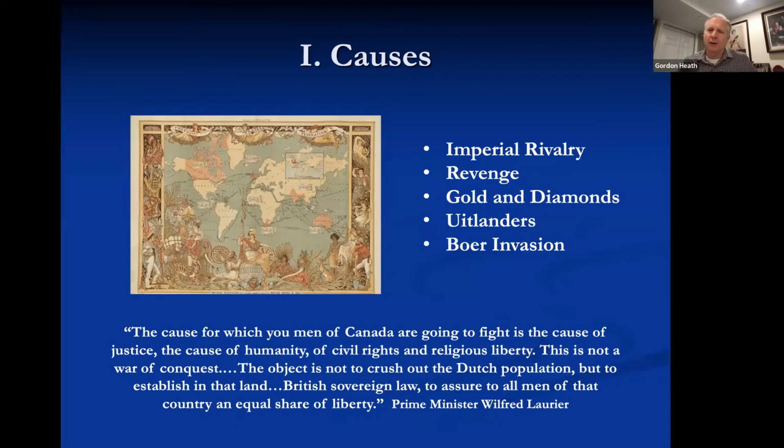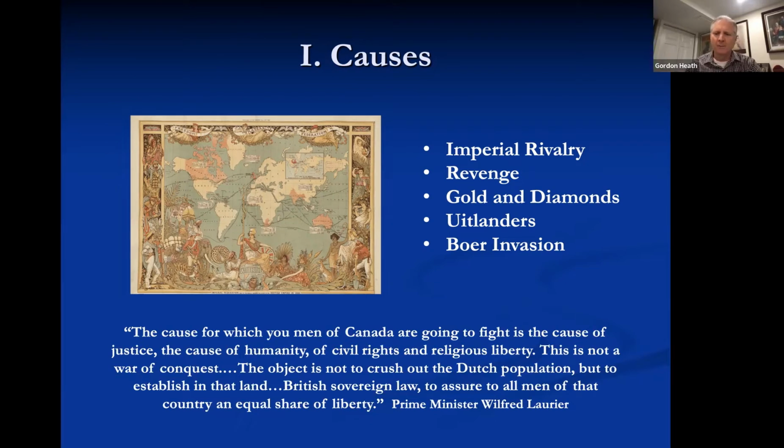And so gold and diamonds play a part. The Uitlanders, or the outsiders, gives a sort of moral argument for the British to move in and take over the Boer republics, because these Uitlanders, these outsiders, were migrant workers, most of them British, working in the mines, but they had no citizenship, they had no right to vote or any say in government.